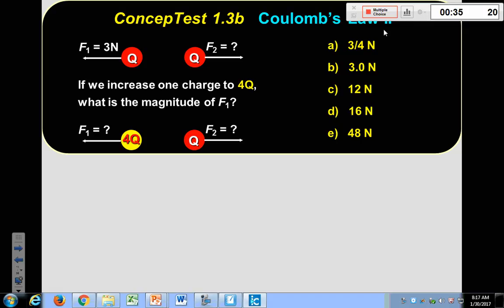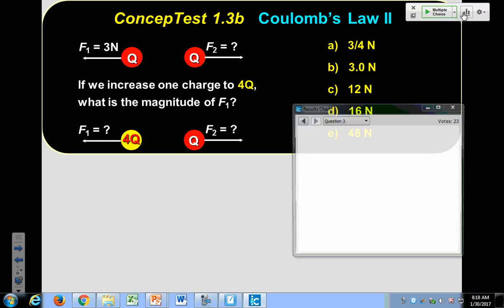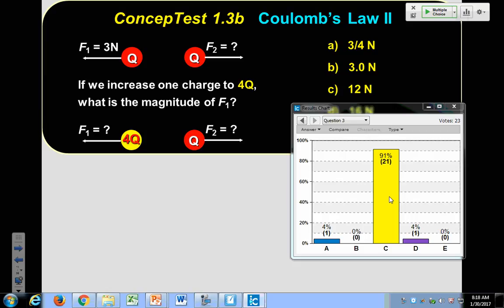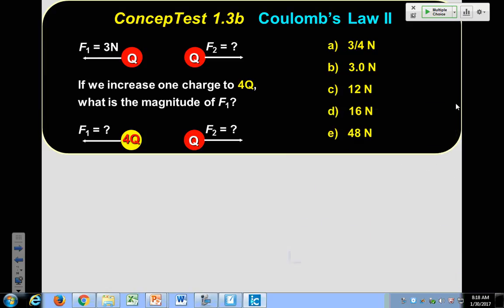All right, we're going to stop at 42. Just guess if you're not sure. Okay, good. C is right. If I increase one of the charges by a factor of 4, it increases the force by a factor of 4.